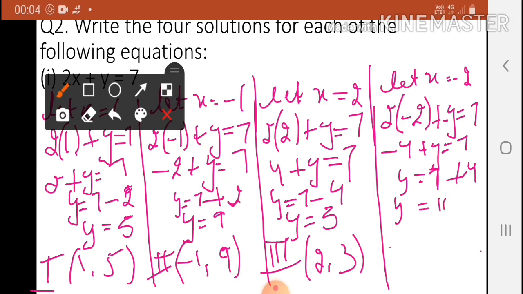So your fourth solution will be (-2, 11). So this part is completed.